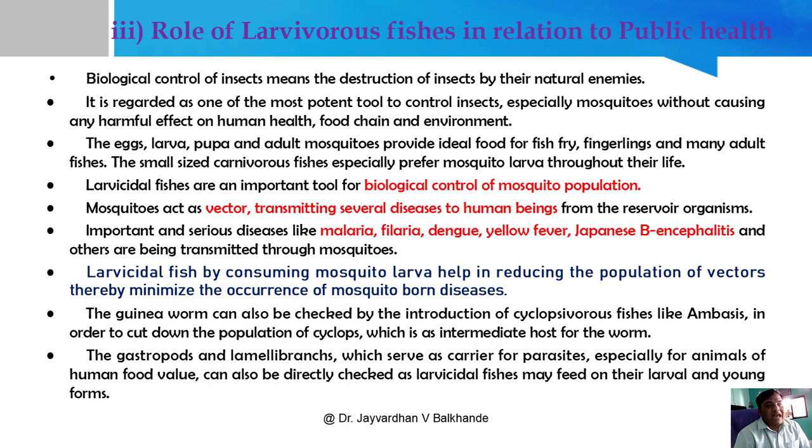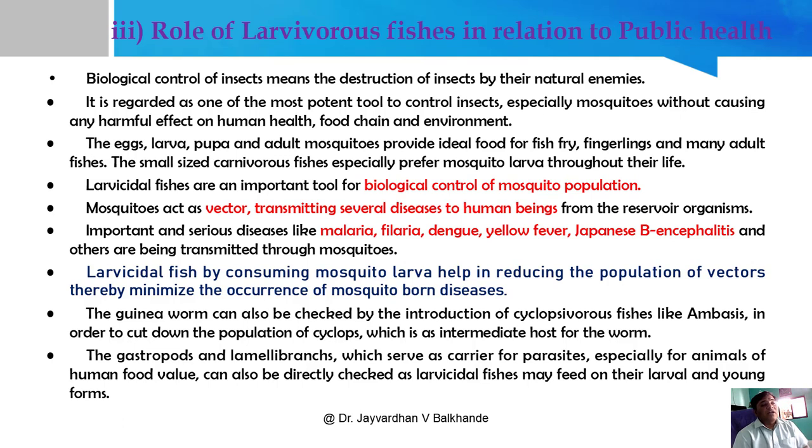Now this larvicidal fish, by consuming mosquito larvae, helps in reducing the population of vectors, thereby minimizing the occurrence of mosquito-borne diseases. This is very important, because several countries and states are in trouble because of malaria and other diseases spread by mosquitoes. By reducing the population of these vectors, the larvicidal fishes play a very crucial role.